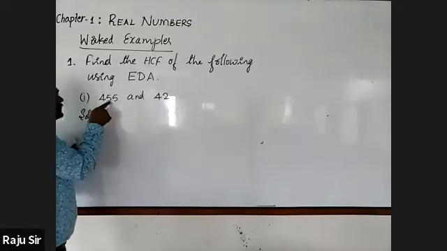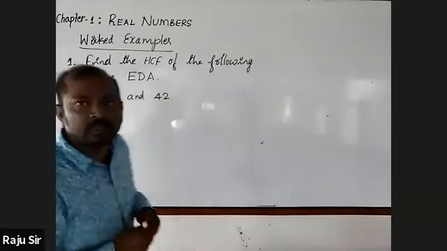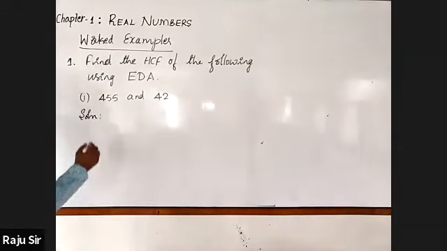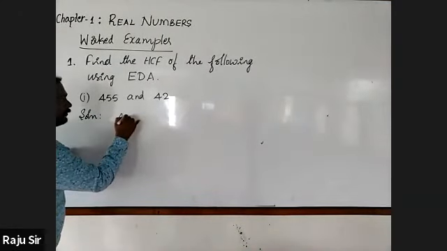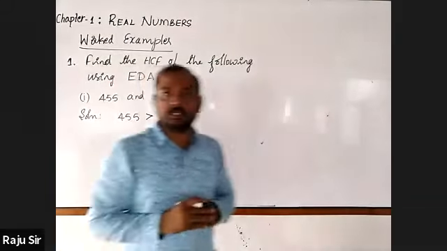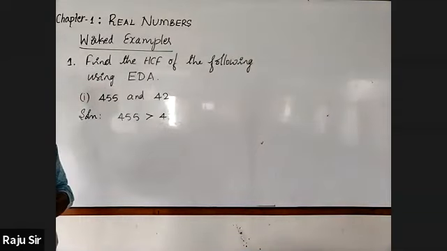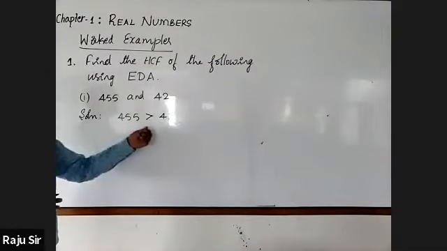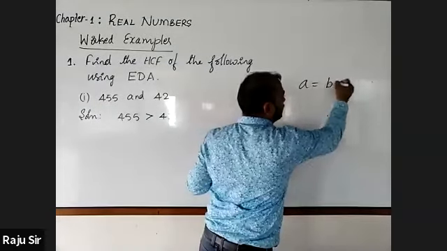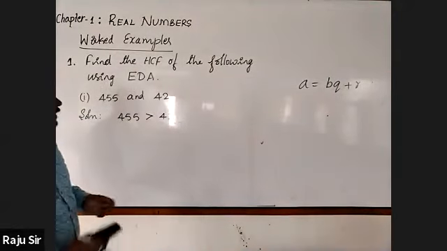In this, I take 455 as dividend and 42 as divisor. We know that 455 is greater than 42. Let us express this in the form of a equals bq plus r, the statement we are very familiar with.